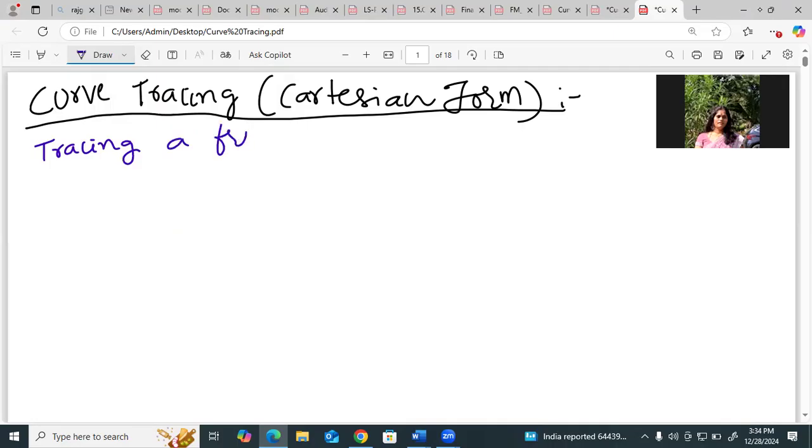There's a checklist to draw a curve: looking at the equation of the curve, tracing a freehand curve using basic criteria or checklist.